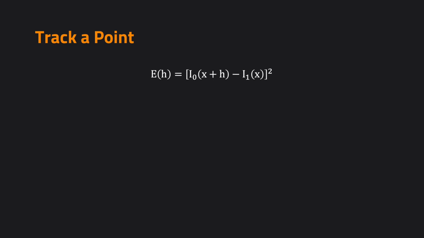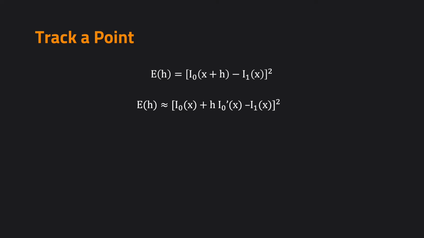And how can we analyze this energy function? Let's take it step by step. First, we can expand I0(x + h) into two terms. The first term is I0(x) plus h times I0'(x), where I0'(x) is the derivative of I0 at the location x.